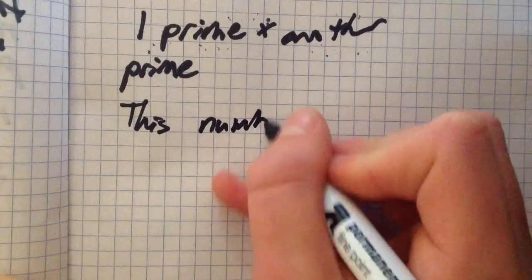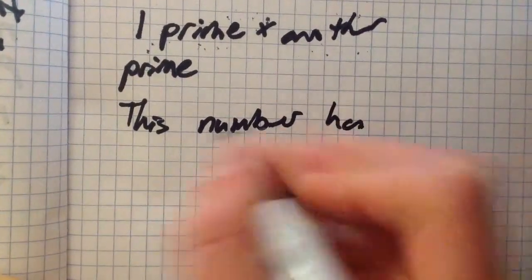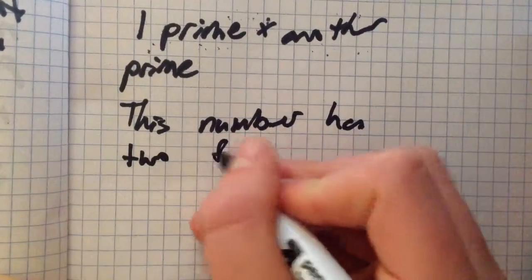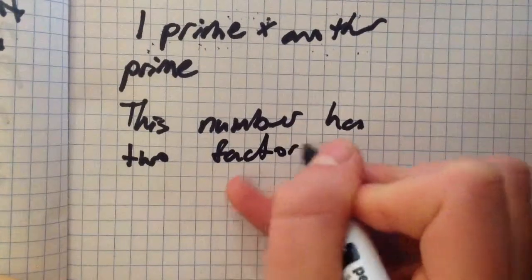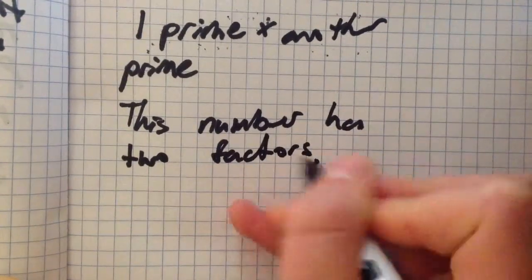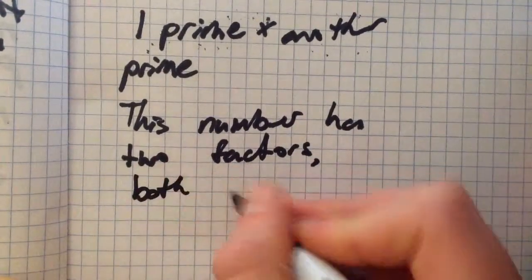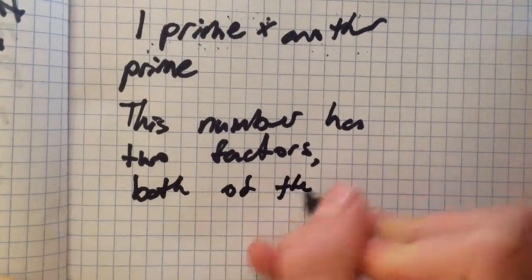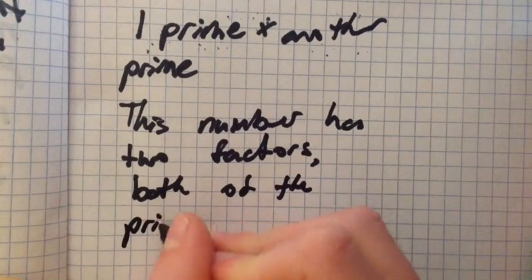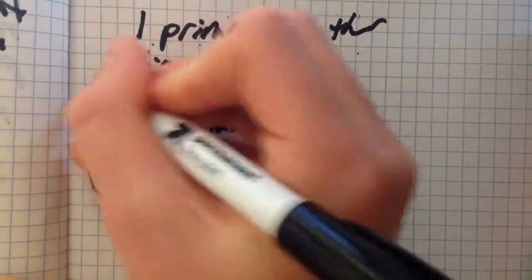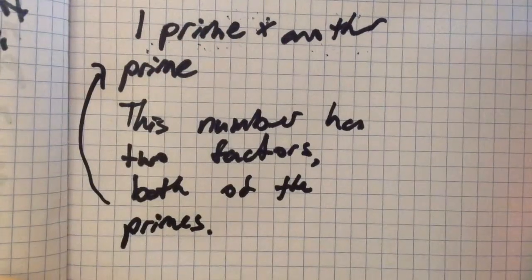Its prime factorization will be 2 numbers, and they'll both be prime. These primes would be randomly generated, more than 10 digits long, often more than 100. They're very long primes, and they're generated by computers.